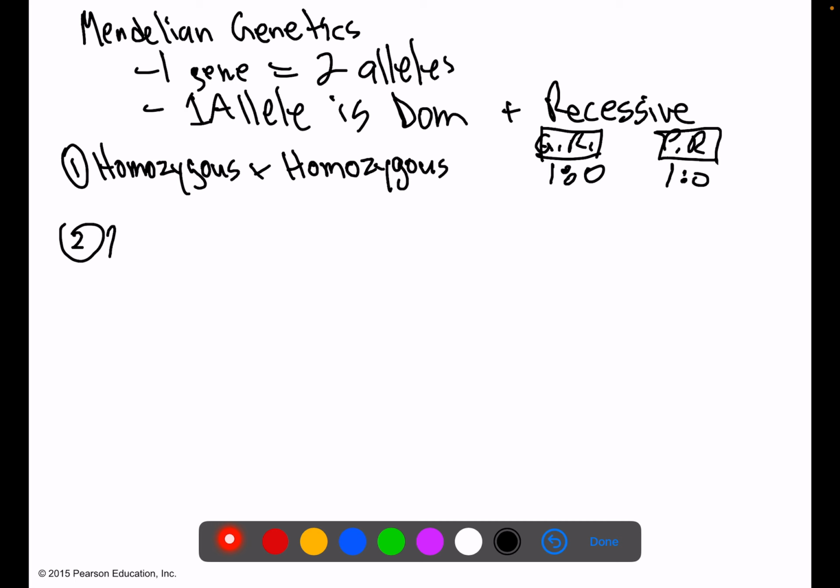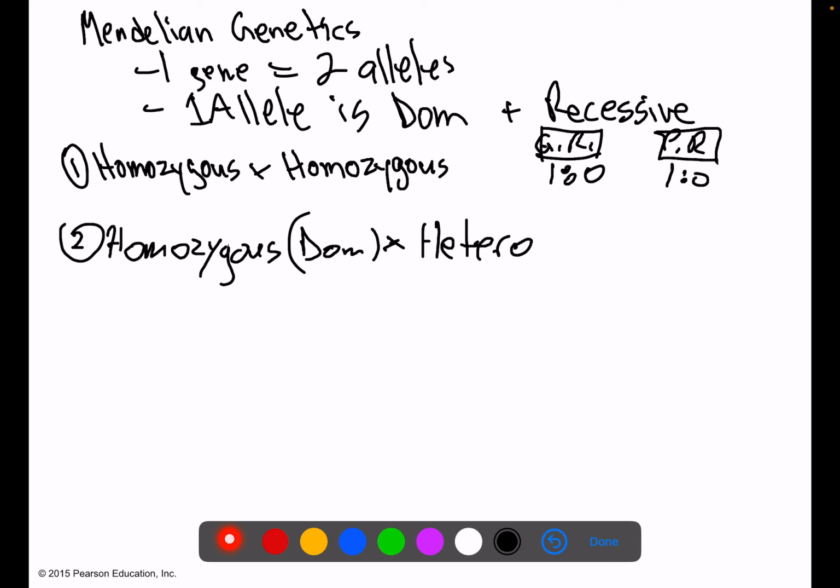If you were to cross a homozygous dominant with a hetero, your genotype ratio is going to be 1 to 1, and your phenotype ratio is 1 to 0.